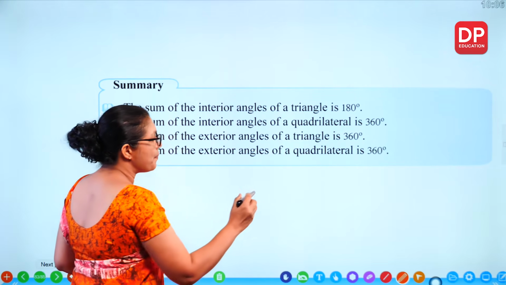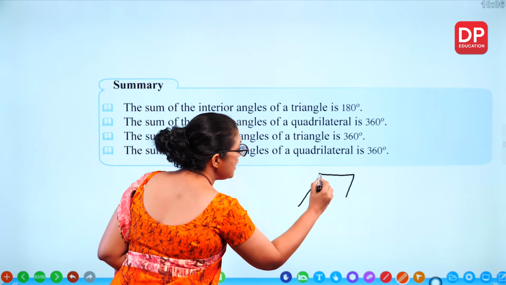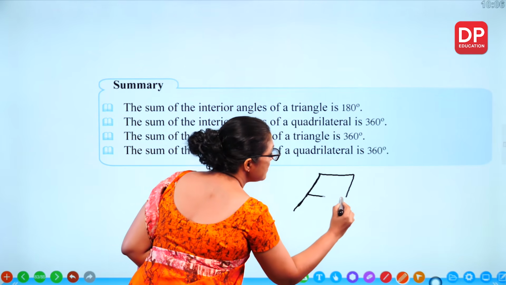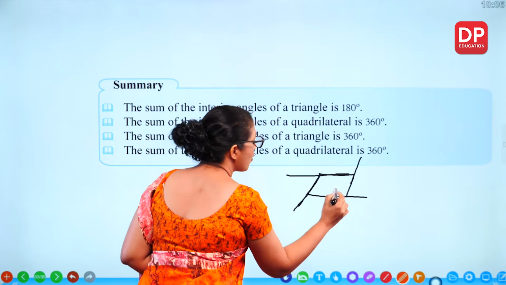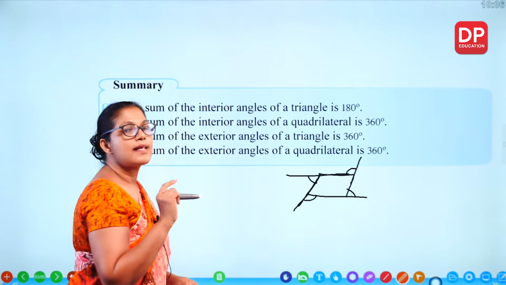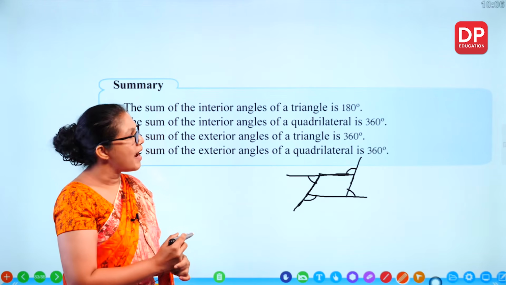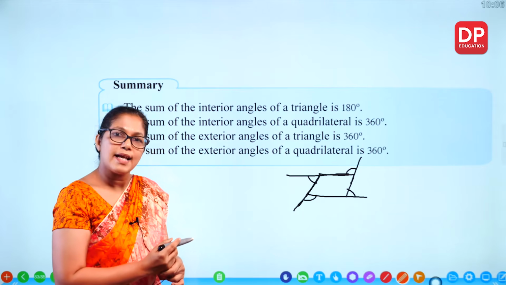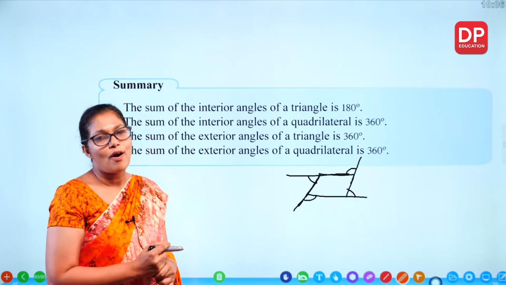And remember, when you are finding exterior angles, you need to extend the lines either anti-clockwise or clockwise. Then only the sum is equal to 360. Practice all examples and exercises and be thorough with triangles and quadrilaterals.